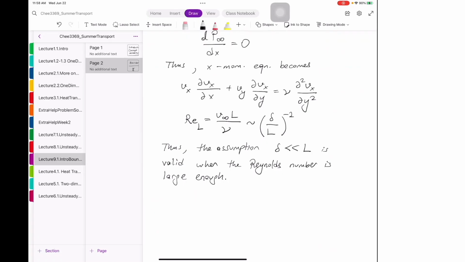I'm planning to go deeper into these equations and solve them to find an answer for delta and how the velocity profile looks. We're also going to do some estimations for the drag force and so on. So let's stop at this point.